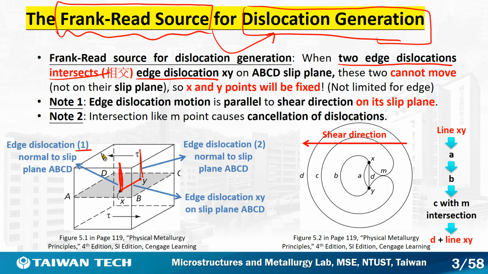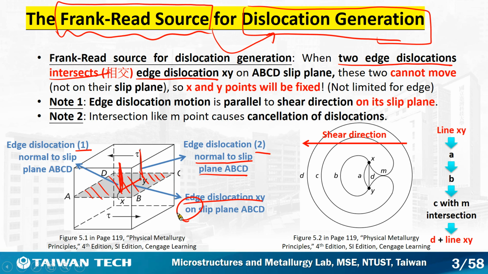And this one and this one, the dislocation lines are normal to the slip plane. So the gray area here, this is slip plane A, B, C, D. And for this X, Y edge dislocation, it is on the slip plane.